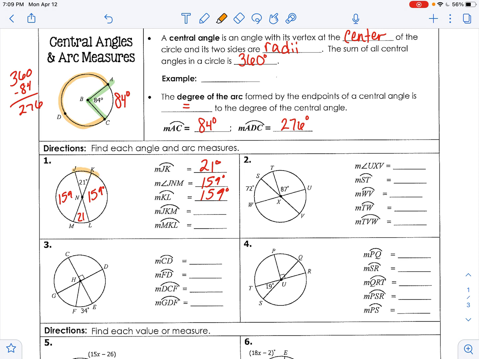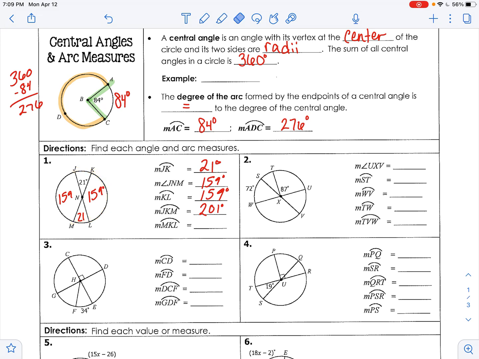Okay, arc JKM, major arc JKM, if I took 21 plus 159 plus 21, I would get 201 degrees.